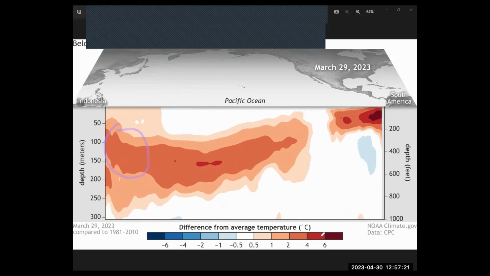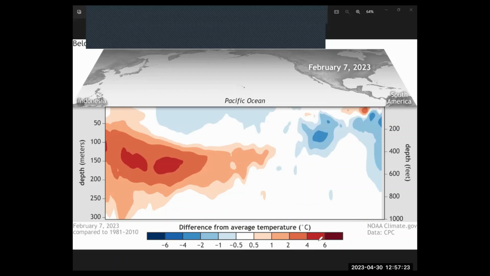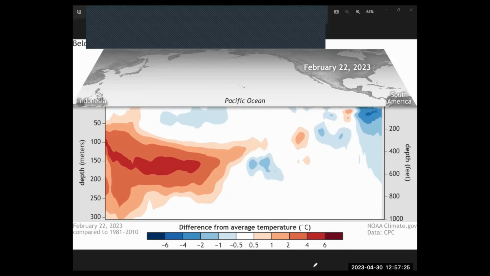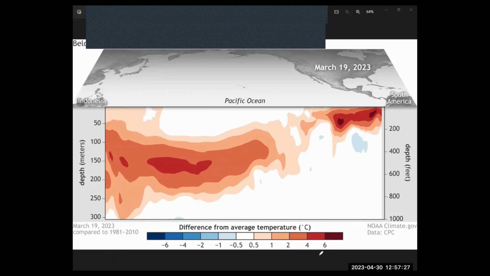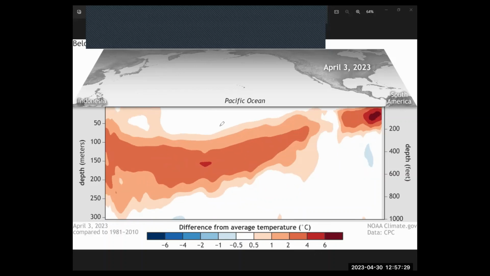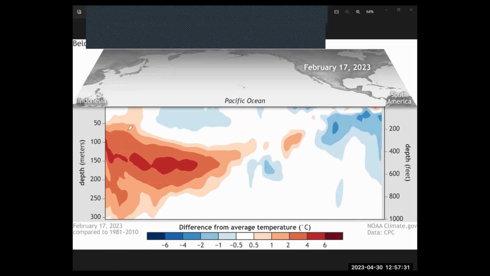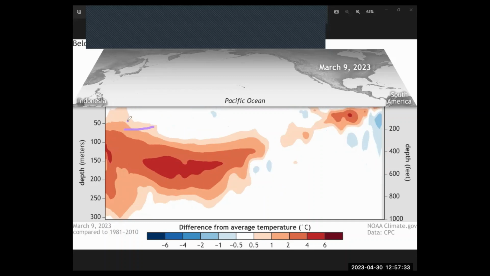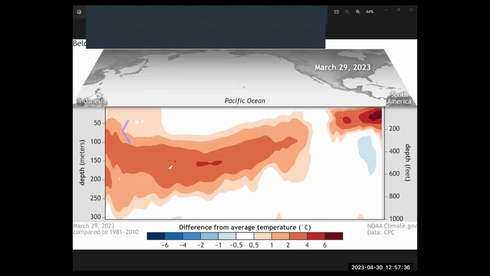Well, what happens is that a weakening of the wind starts. As this weakening diminishes, the surface layer that's piled up on this side starts cascading eastward.